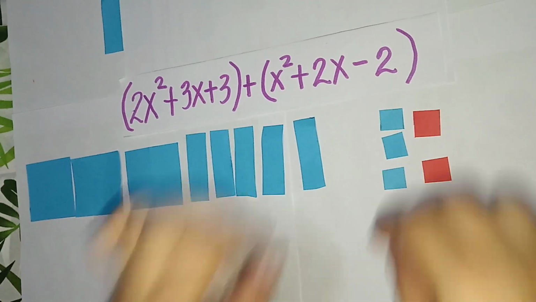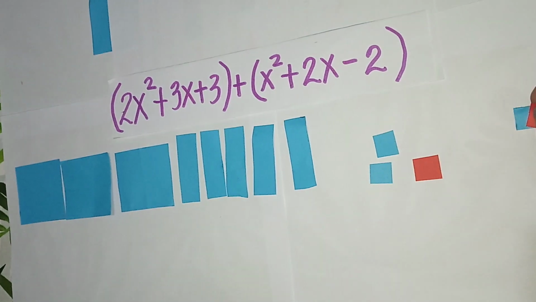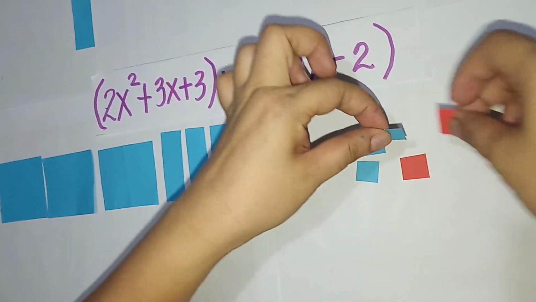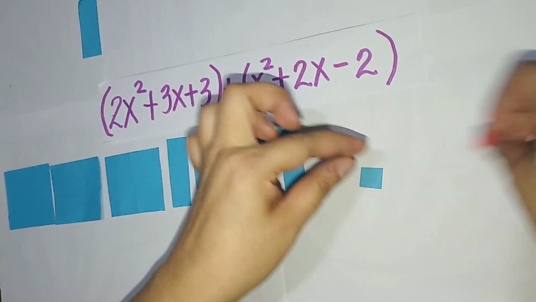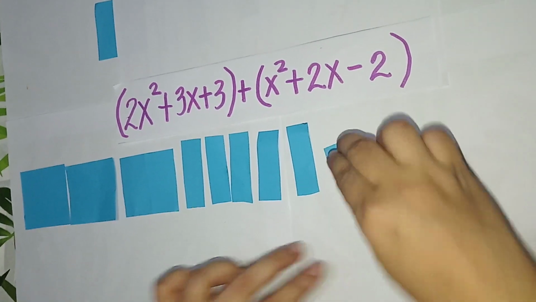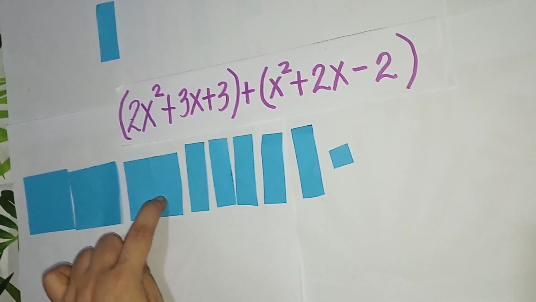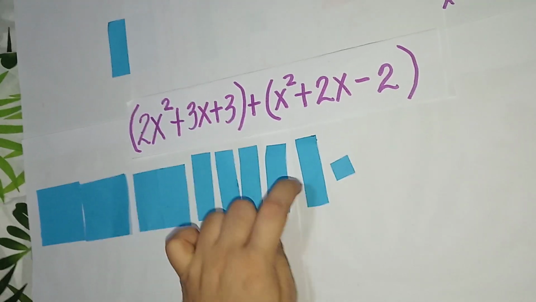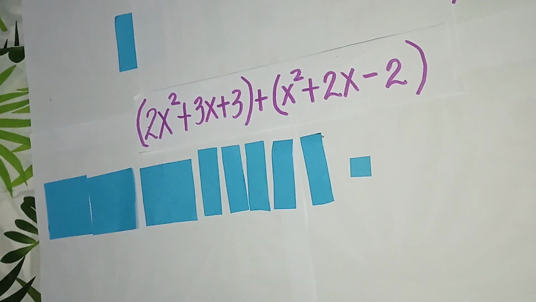Pair up, group them. This will become your 0 pair because positive 1 and negative 1 will become 0. So how will you read your answer? 3x squared plus 5x plus 1.